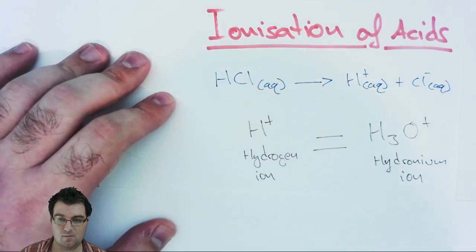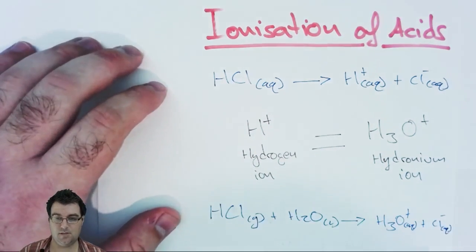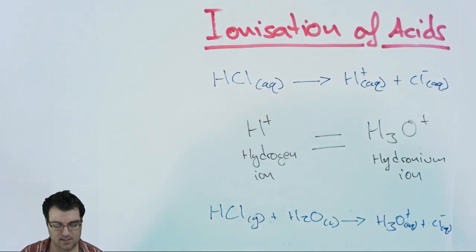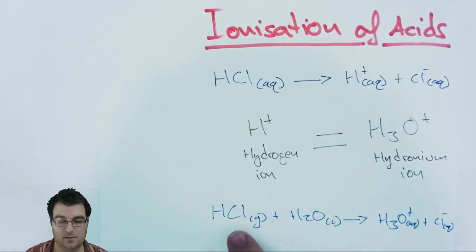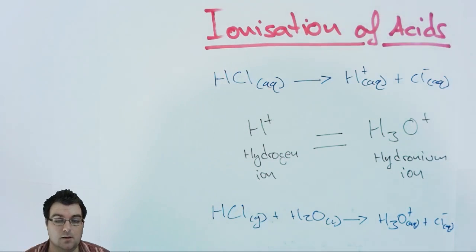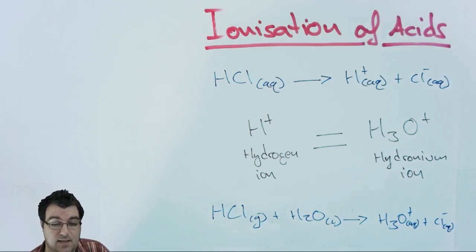Okay, so just be mindful that the reality of the situation described above is that our hydrochloric acid, if we start from the material hydrogen chloride, is actually a covalent molecule in gas.